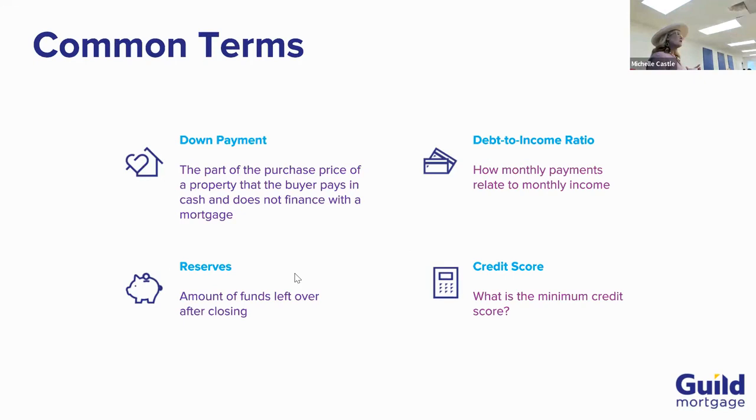All right, so some of the different terms. The reason I have down payment up here as a common term, you guys know what the down payment is, but do you realize that the down payment is based on the purchase price or the appraised value, whichever is less? And I say that because we haven't really had any value issues in the past.